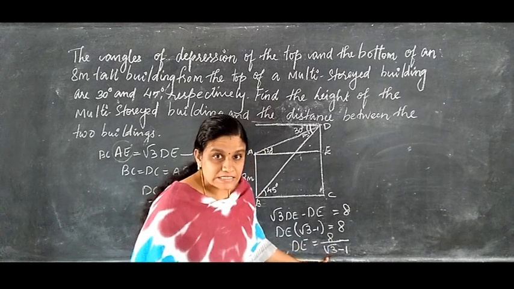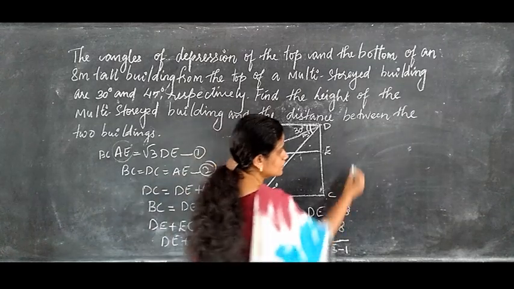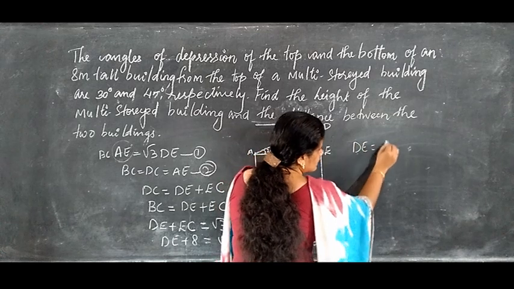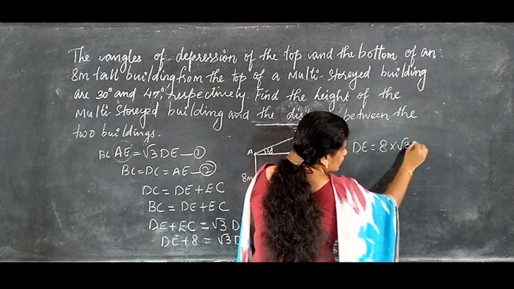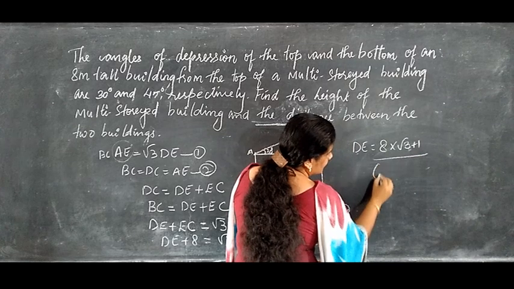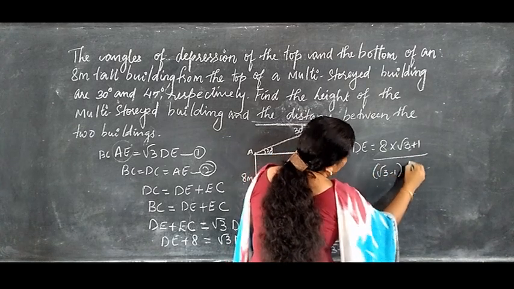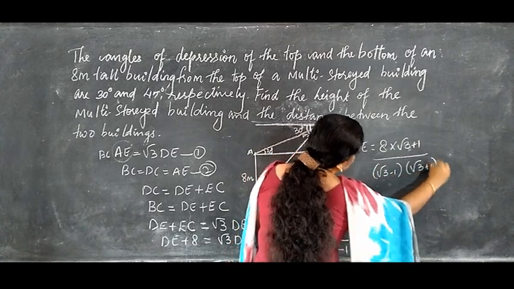Here we can rationalize the denominator. So what do you have? DE is equal to 8 into root 3 plus 1 by root 3 minus 1 into root 3 plus 1.